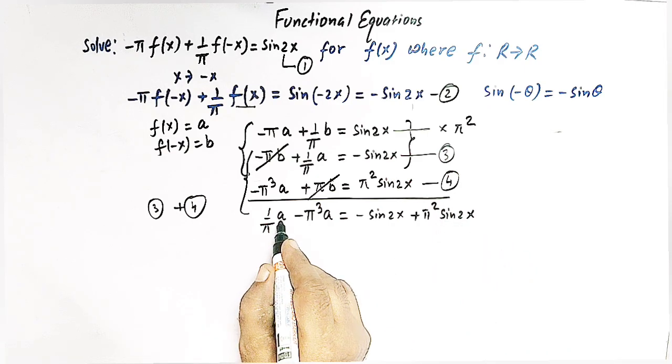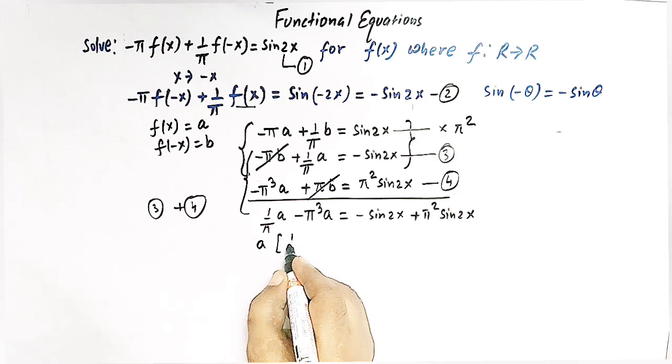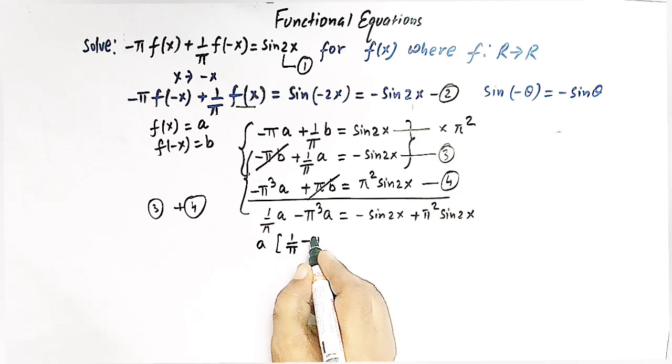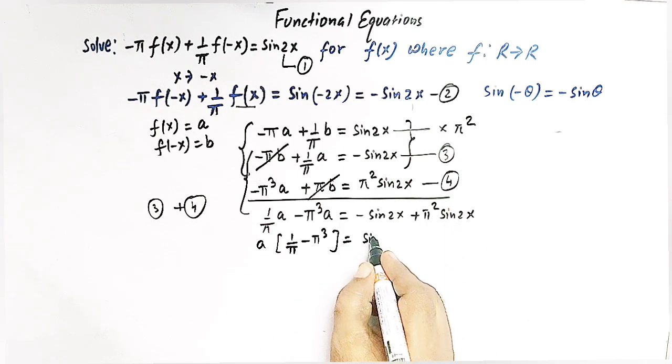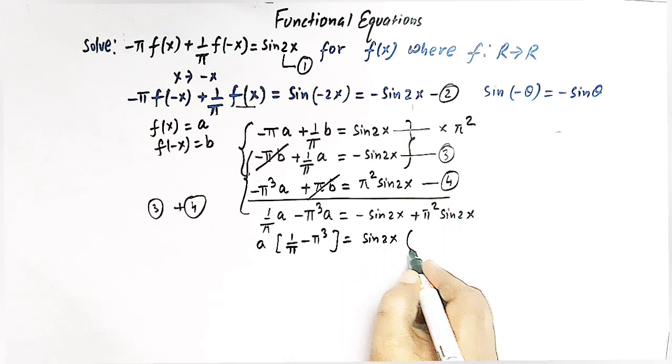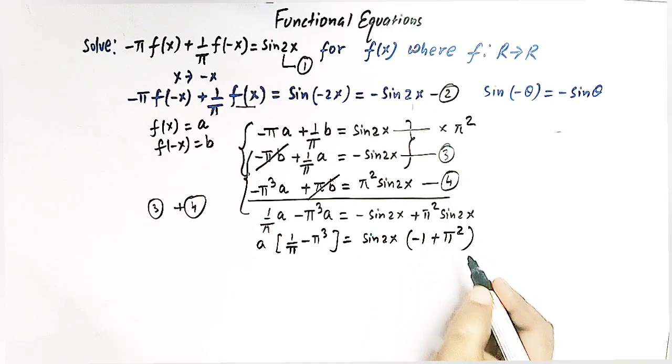Now taking a common in the a terms, we have a times 1 over pi minus pi cube, and taking sine 2x common, we have minus 1 plus pi square.